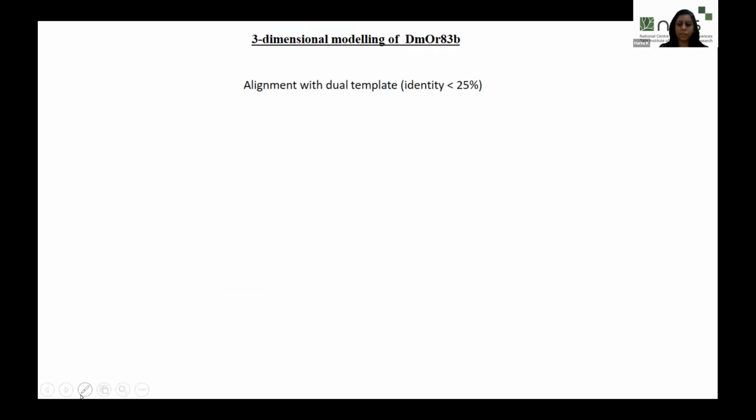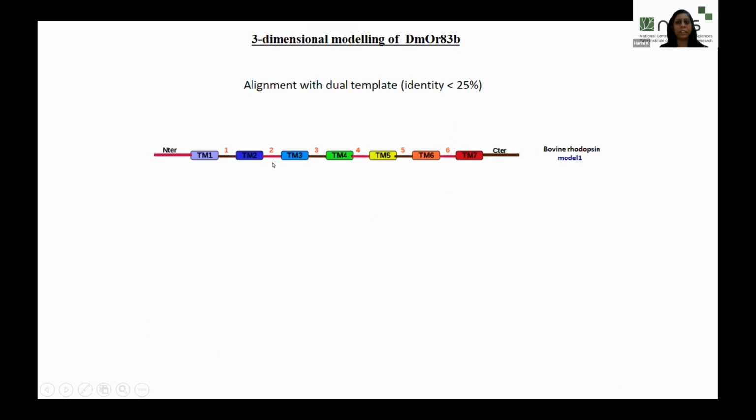We also attempted to model one of the insect olfactory receptor co-receptors, but the challenge here was that we did not find any template that had high identity in the PDB. However, for some of the transmembrane helices, that is 1, 2, 3, and 7, the bovine rhodopsin template had high identity.